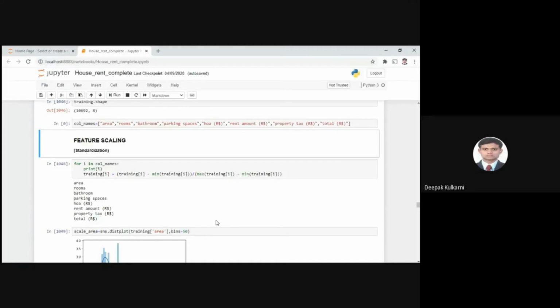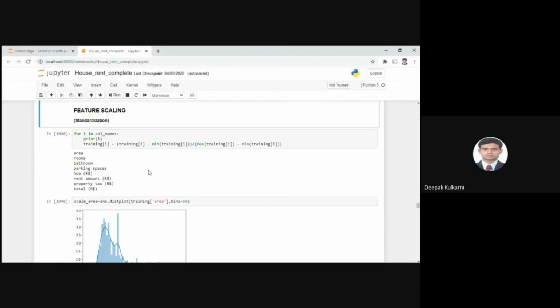Okay. And next is feature scaling. So there are two types of feature scaling. One is standardization, which we are using. Okay. And look at this. What is standardization? Why do we need to scale features?